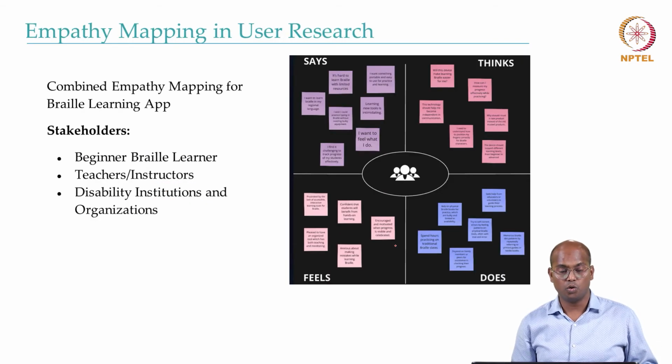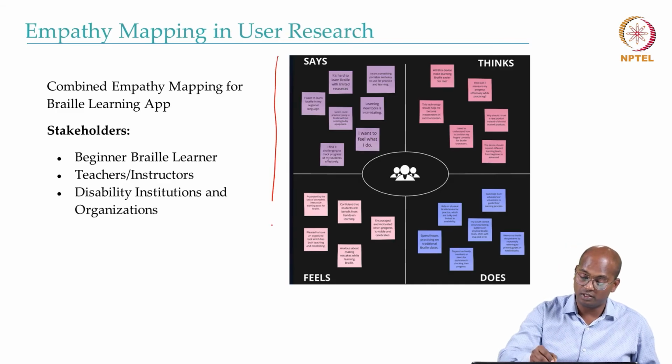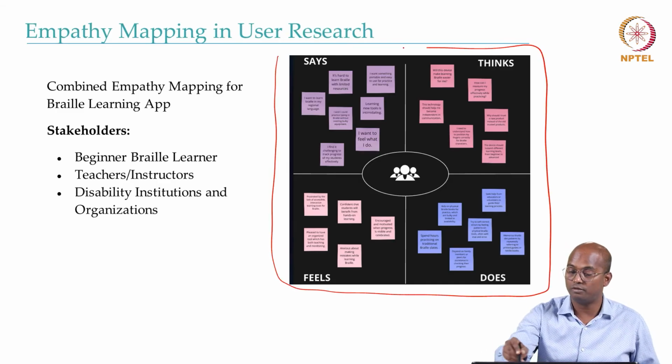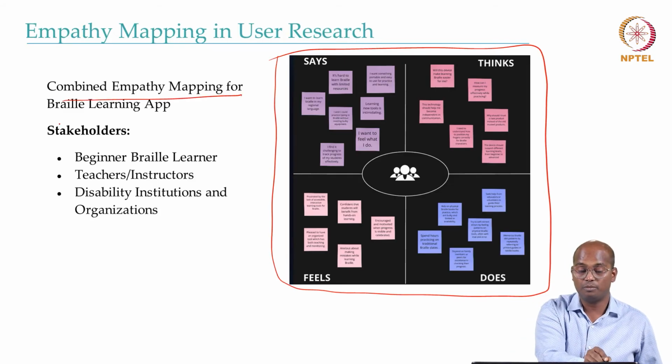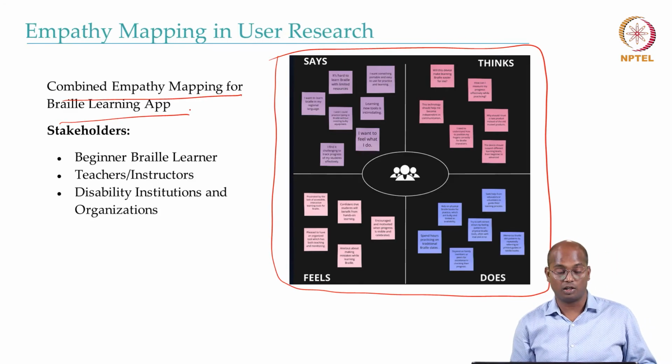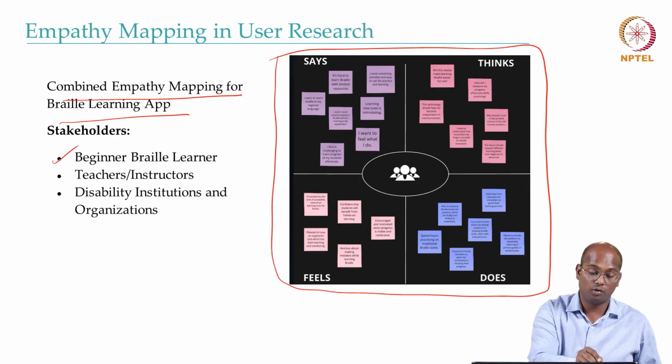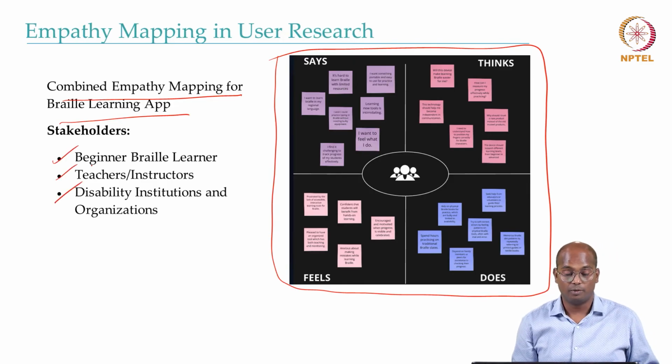So let's go deeper into this. So this is the empathy mapping. As you can see here, we have built it for our project Wave, which focuses on a combined empathy mapping for a Braille learning app that we are talking about. The stakeholders we had are beginner Braille learner, teacher, instructor, and disability organizations and institutions.